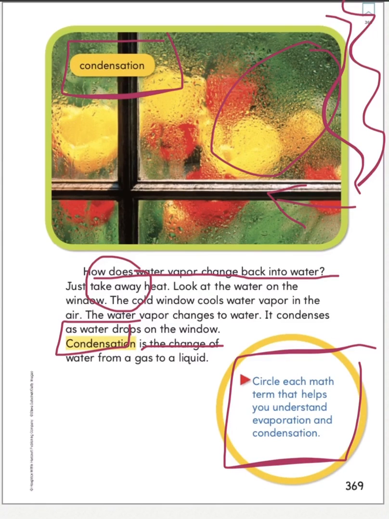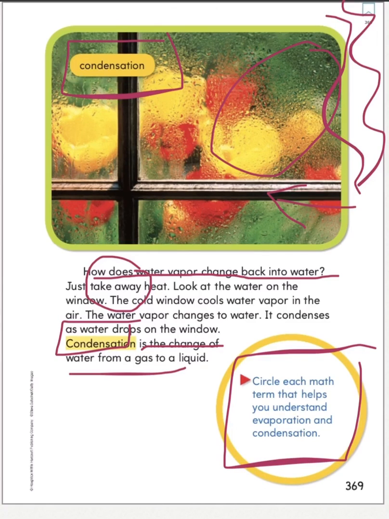We're going to circle take away because it's a math term, and on the first page, we're going to circle adding and subtracting. Each math term that you see, please circle it. Adding, subtracting, take away, all those are math terms, so you have to circle them.